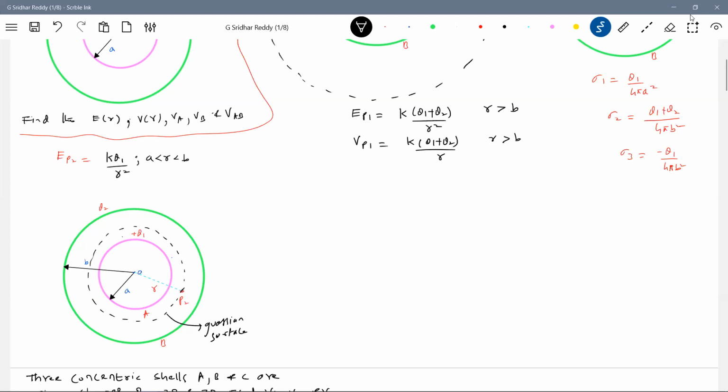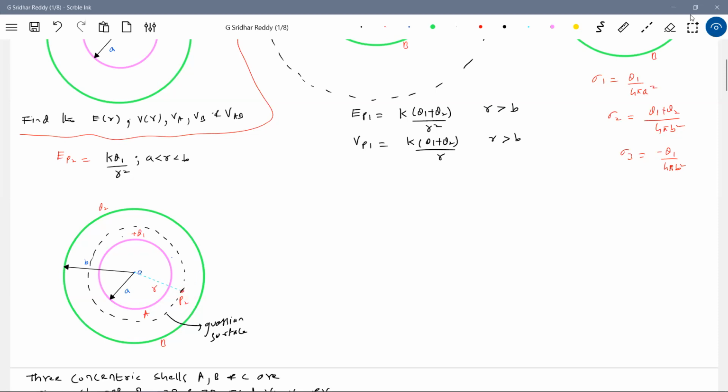That is about the electric field. What about the potential? Potential is due to superposition of charge on all surfaces. When it comes to electric field, only the charge enclosed by the Gaussian surface will contribute the net field at point P2 on the Gaussian surface. When it comes to potential, it is due to superposition of charge on all surfaces.